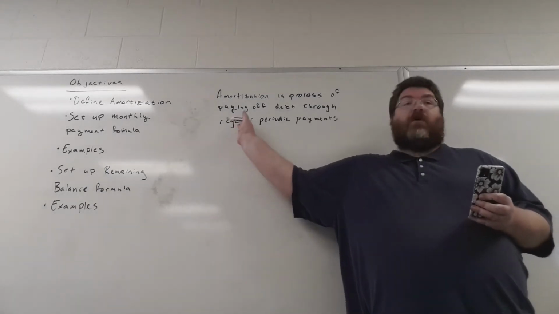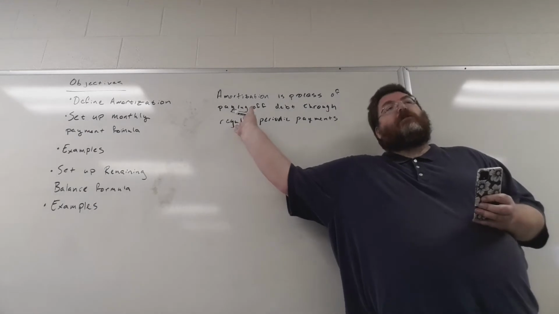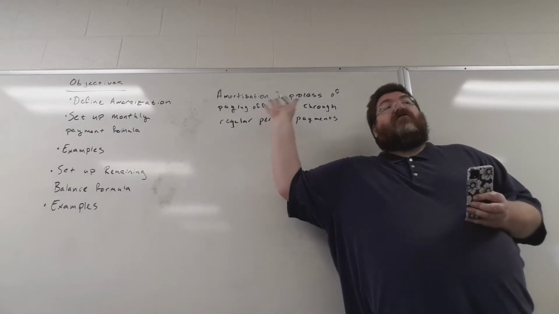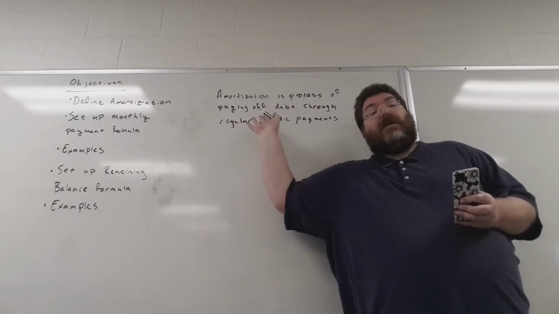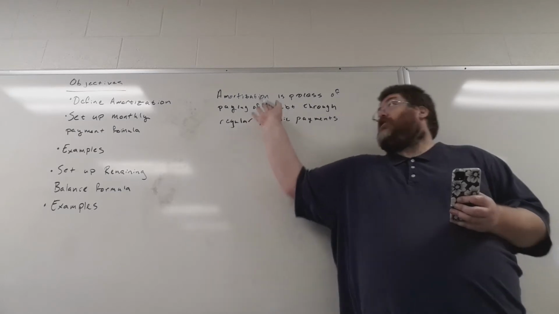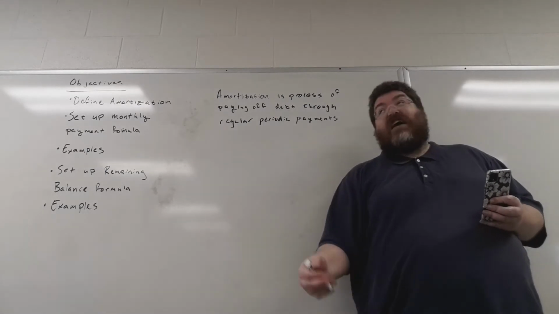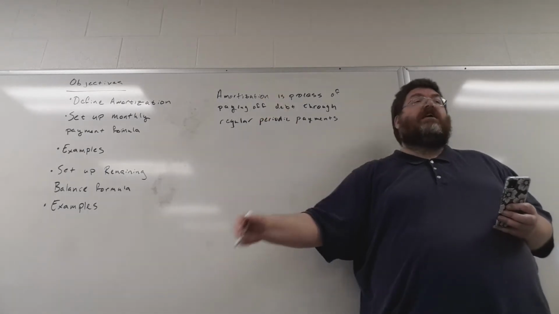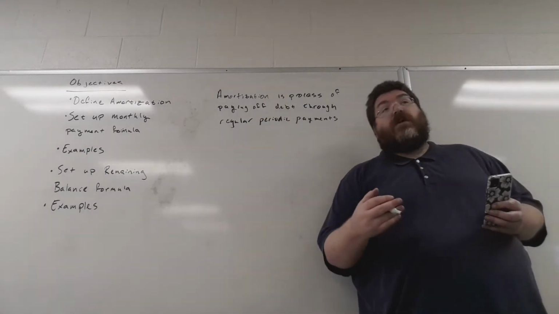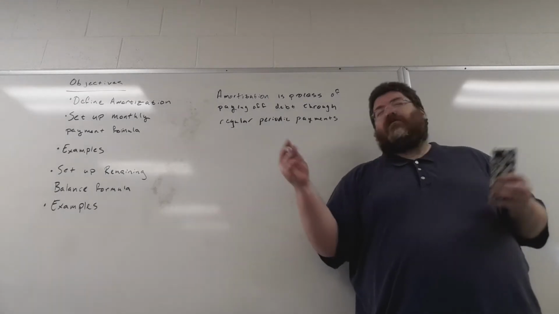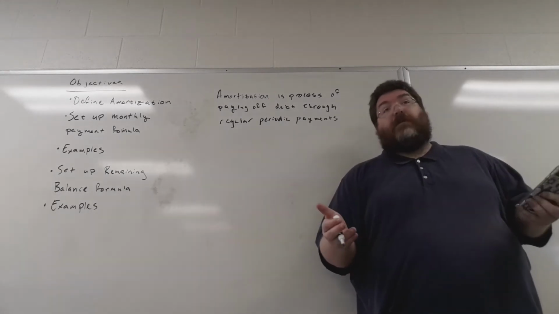So when we're going through the process of paying off a loan, given an APR, annual percentage rate, through regular periodic payments, the process is called amortization. You might hear an amortized loan, things like that. Whenever you hear that, just think monthly payments.